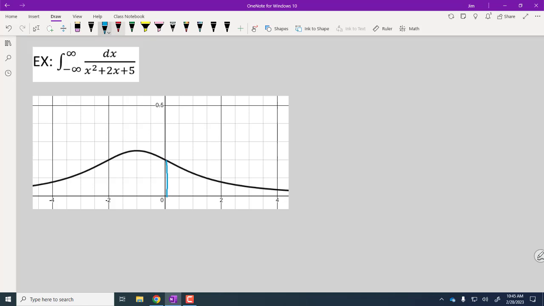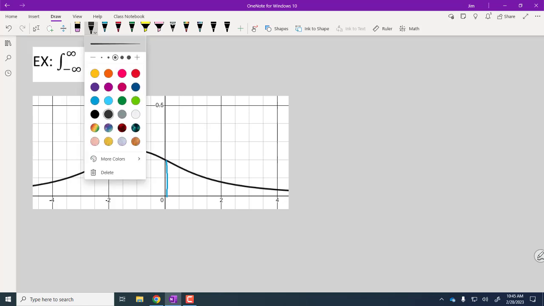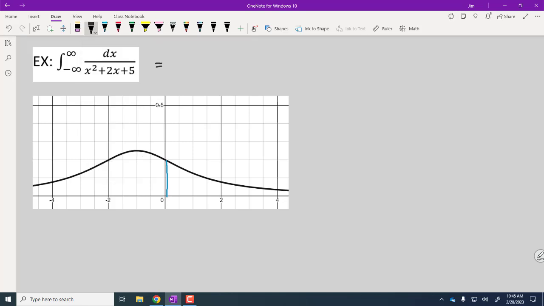So we are going to turn this into the integral. So I'm going to make it the limit as a goes to negative infinity of a to 0, this same integrand, plus the limit as b goes to positive infinity, same integrand.